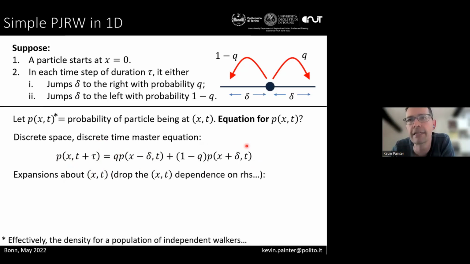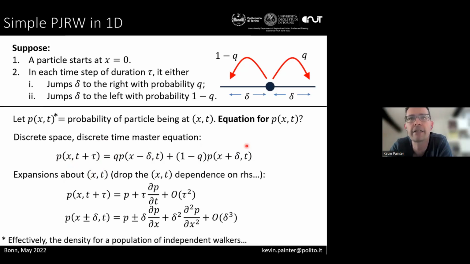I'll drop the x, t dependence on the right-hand side, but just applying standard expansions, the left-hand side you expand around that point and you get your standard Taylor expansion. On the right-hand side, we expand each of those, and we're going to then substitute those into that discrete space, discrete time master equation.